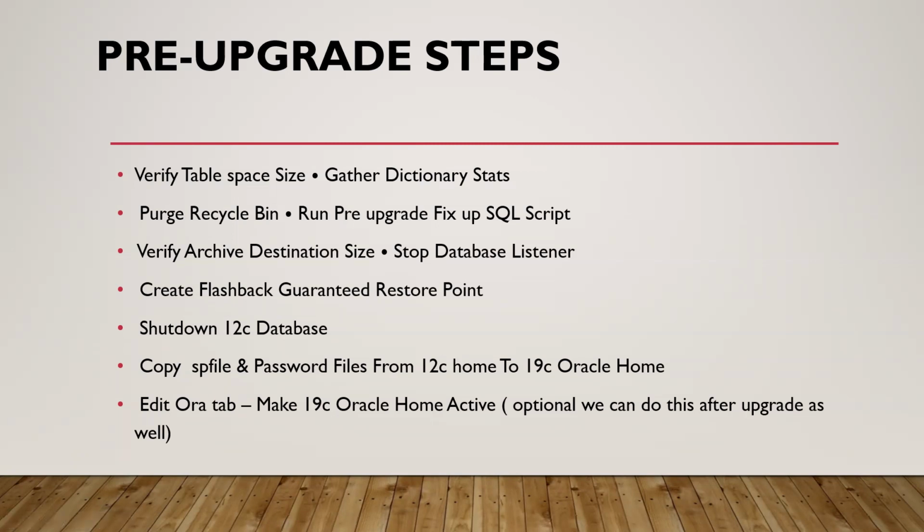If you want to roll back, until the time you created the guaranteed restore point, the data will be secured and we can restore it. It is very important to create this flashback guaranteed restore point before any major activity in the database. As I said earlier, we need to copy the SPFILE, password files, and everything from the 12c home to the 19c home.